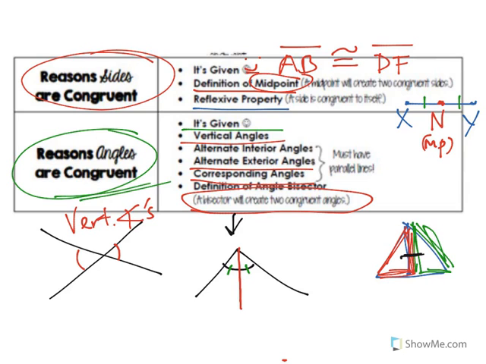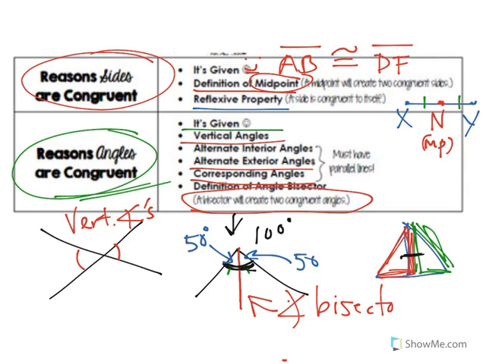Let's say the entire angle, the big one that we had earlier, was worth 100 degrees. Well, each of these small angles would equal 50, because this red angle bisector cut the angle into two equal parts, which establishes congruency again.